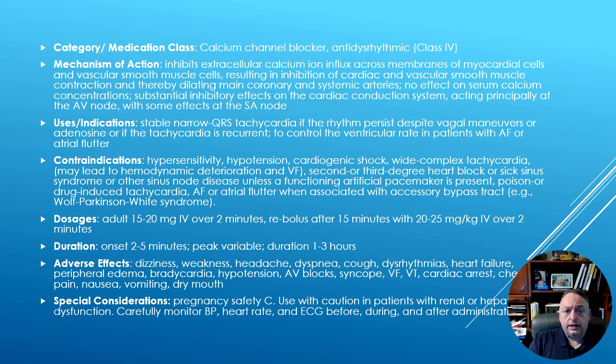Now the dose for it is 15 to 20 milligrams IV over 2 minutes, and then if that didn't work to slow the rate down, after 15 minutes you can try a second dose of 20 to 25 milligrams IV over 2 minutes as well. What it does is it inhibits extracellular calcium ion influx across the membrane of the myocardial cell. So basically it slows action potential.